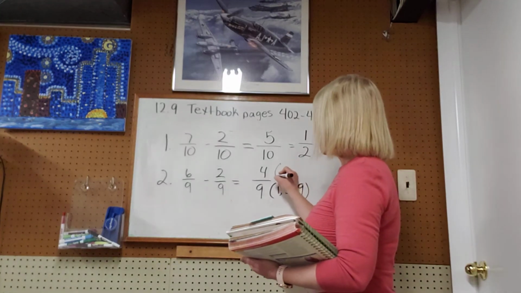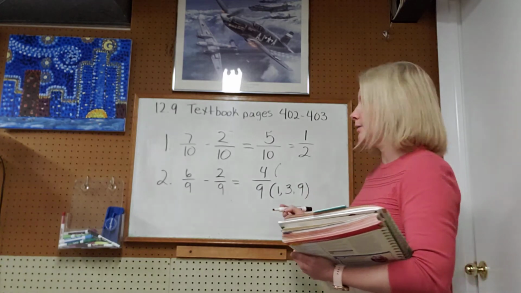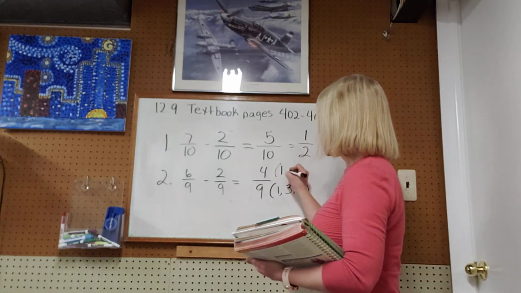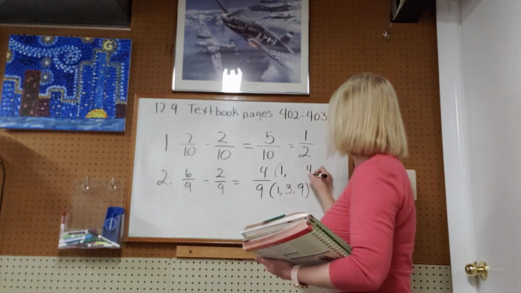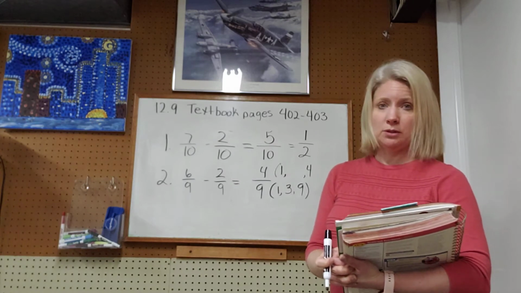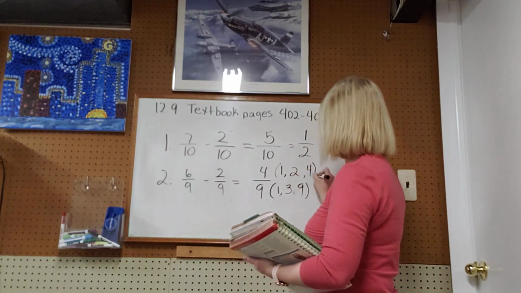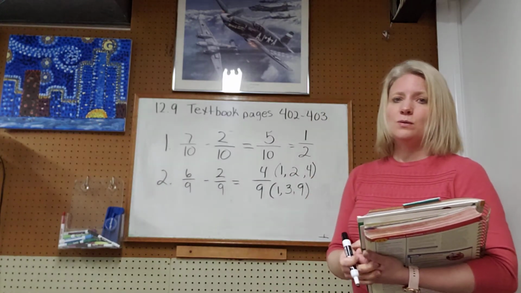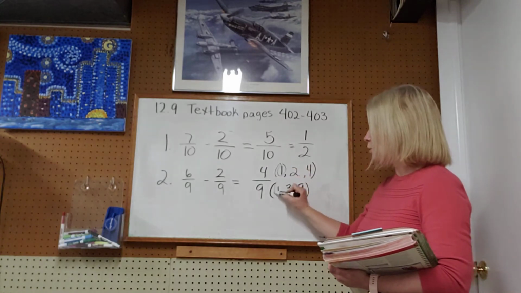Let's talk about 4. The factors that you can multiply to get 4. Well, you could multiply 1 times 4. And you could multiply 2 times 2, right? The only factor that 4 and 9 share is 1.